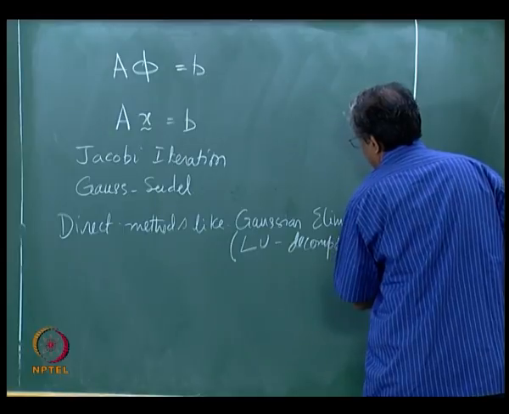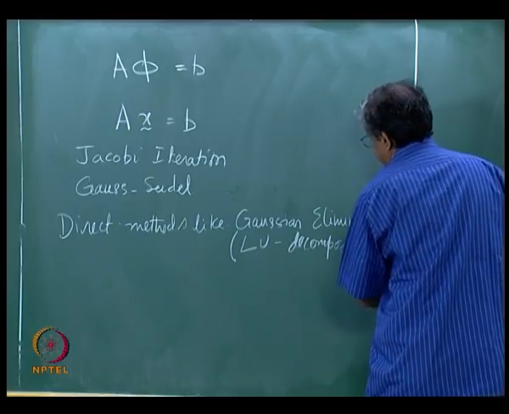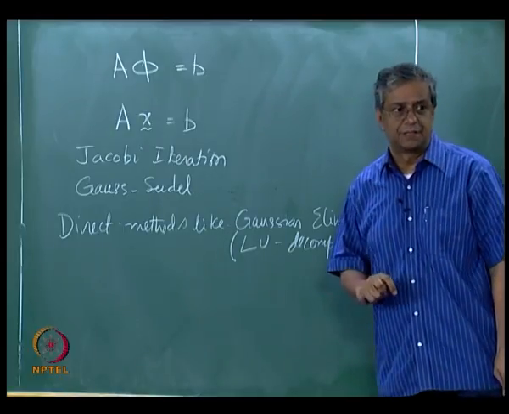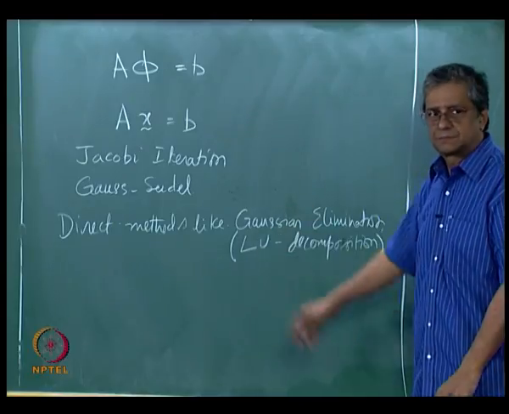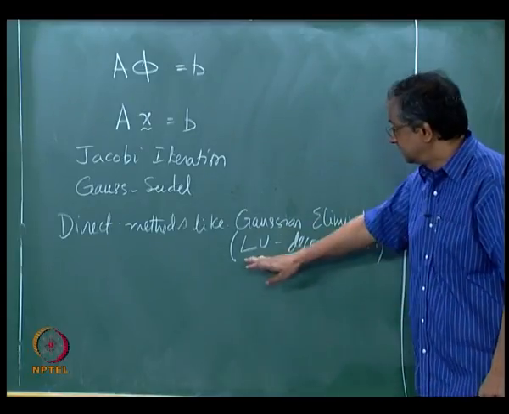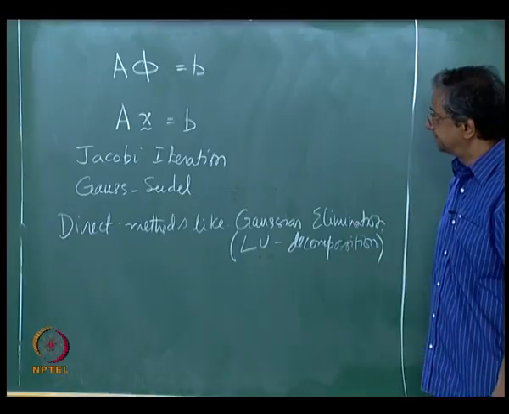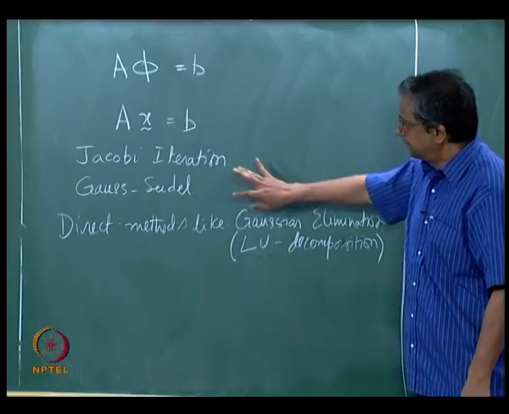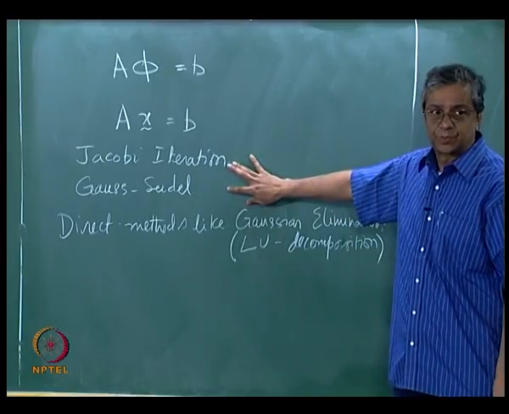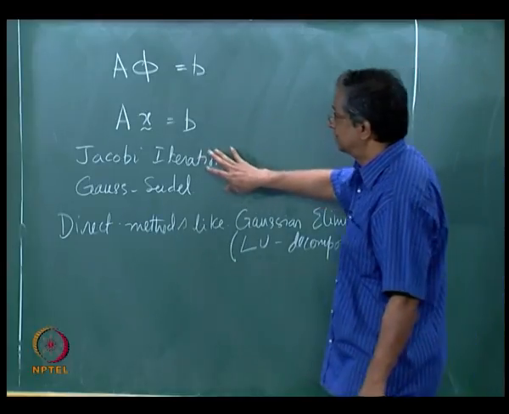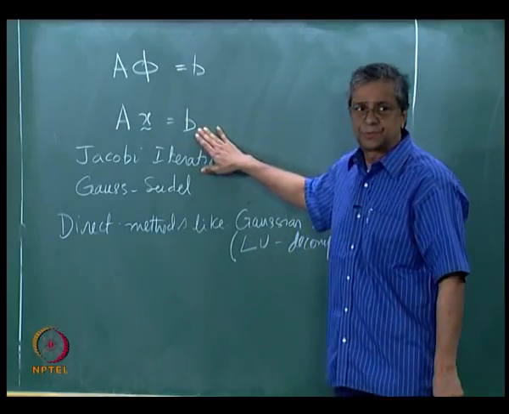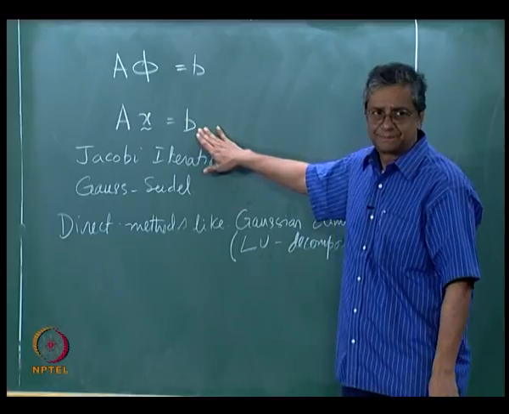You can actually show that these two are equivalent to each other, okay. The elimination and the back substitution part turns out to be the same as doing the LU decomposition. So, we are going with iterative schemes to solve this. In the context of Laplace equation, it is called a relaxation scheme, okay.